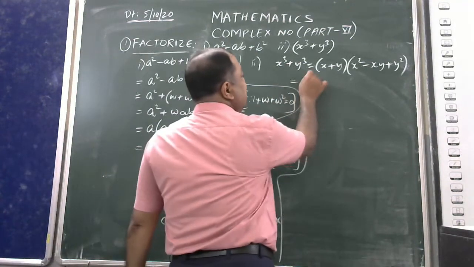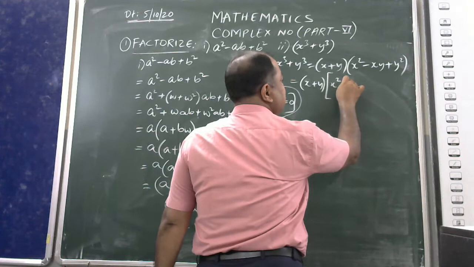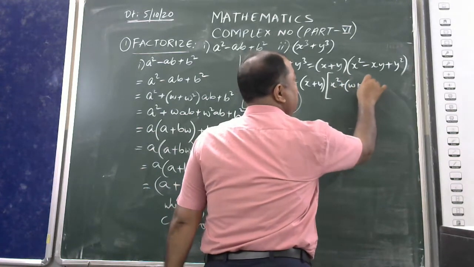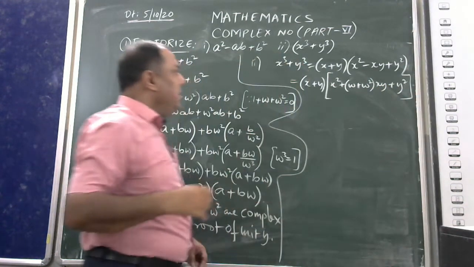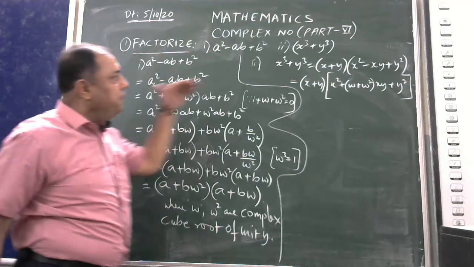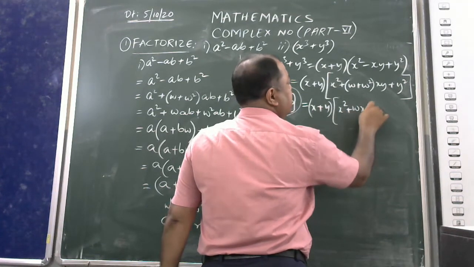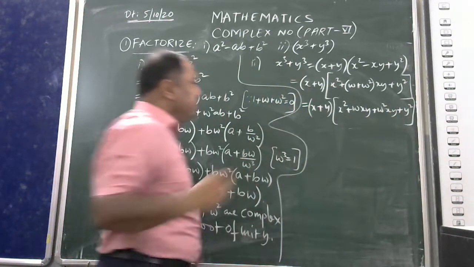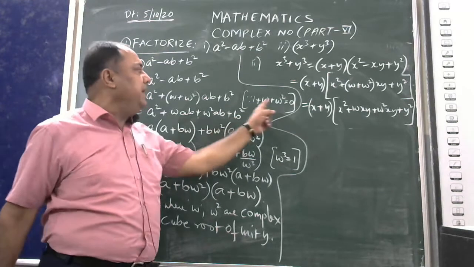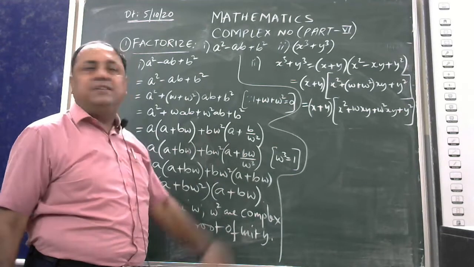This portion is in linear form, and this particular portion I may write as x squared plus omega plus omega square xy plus y square. This problem now reduces to the same form. Since 1 plus omega plus omega square is equal to 0, therefore omega plus omega square is minus 1.